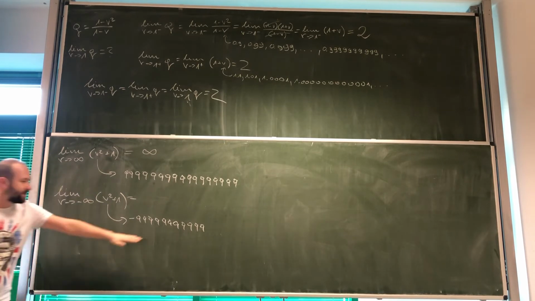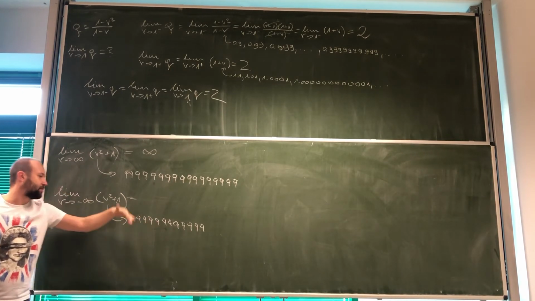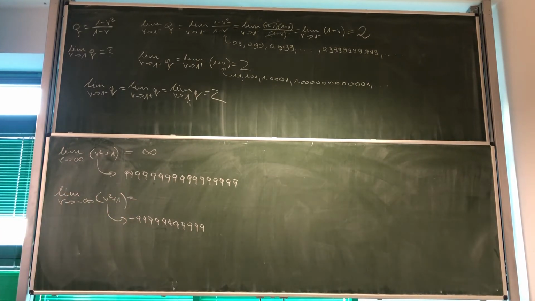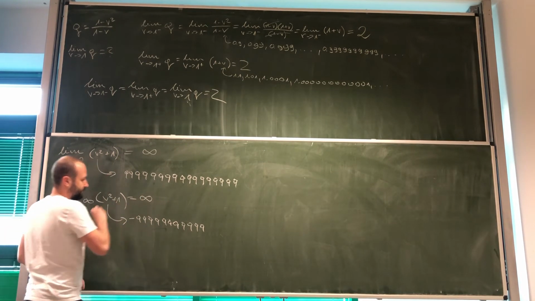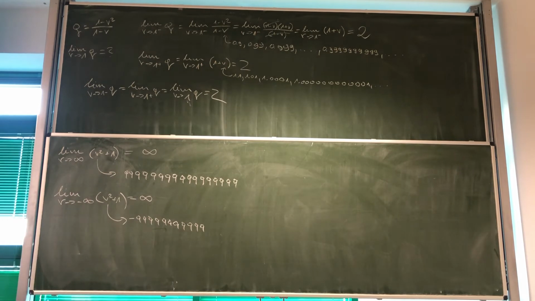Now, if I'm going to take this number and raise it to the power of 2, what am I going to get? A positive number, because this is a square, and an even bigger number. So look, again, we see that the limit here is infinity.